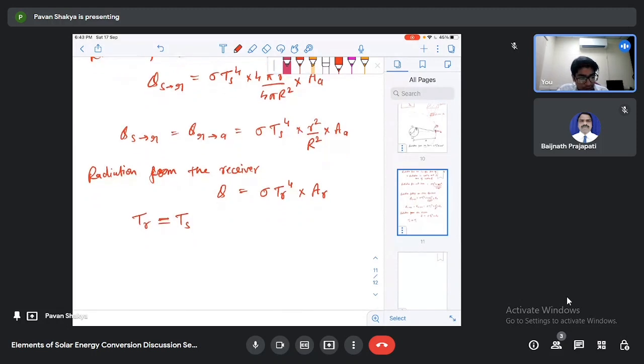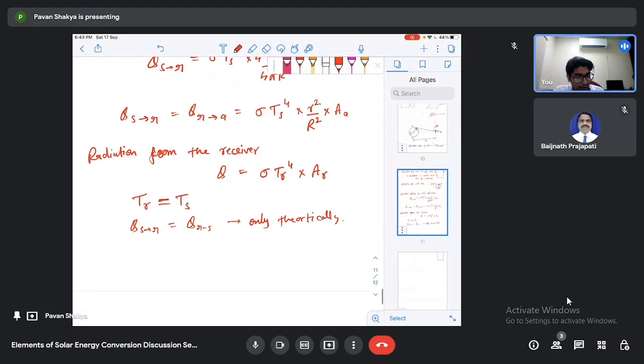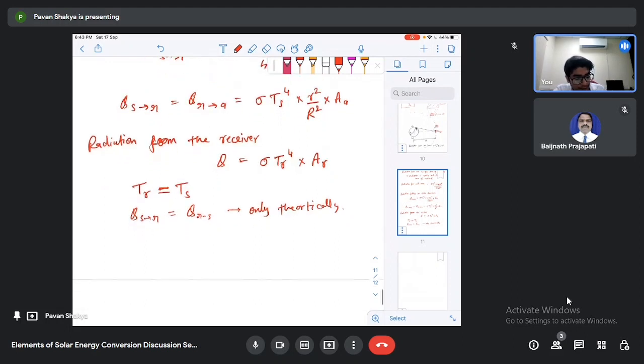Or we can say that Q of sun to the receiver is equal to Q of receiver to the sun. So this one is only theoretical. This cannot happen practically or in real life. Now we will equate these. So this one is QR to the S.